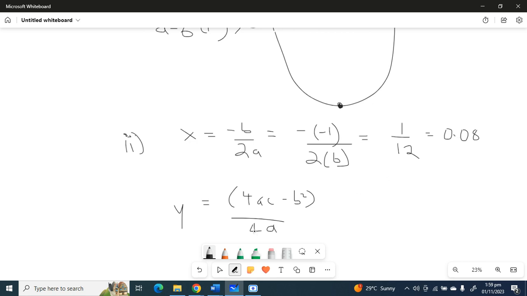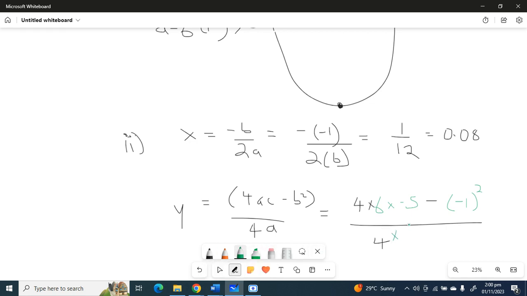That's another way you can do it, or you can use this formula. So we're going to say 4 times 6, A is 6, times C which is -5, minus B which is -1, so say -1 squared, divided by 4 times 6.